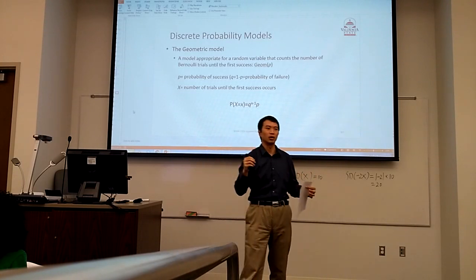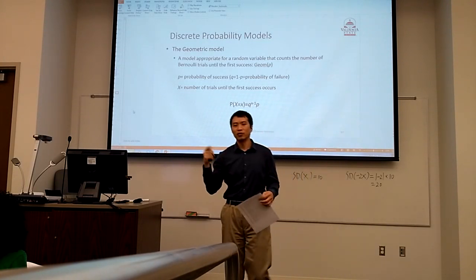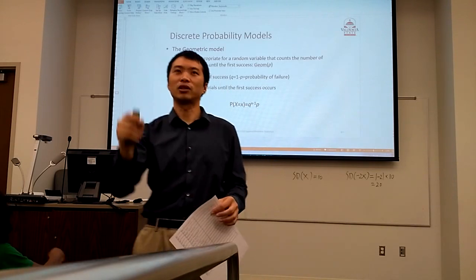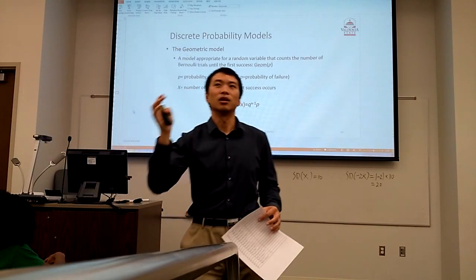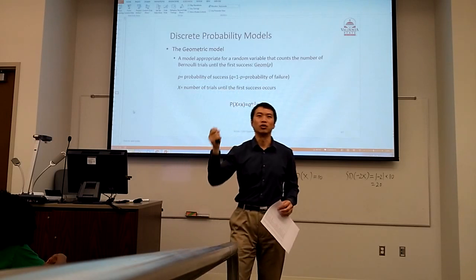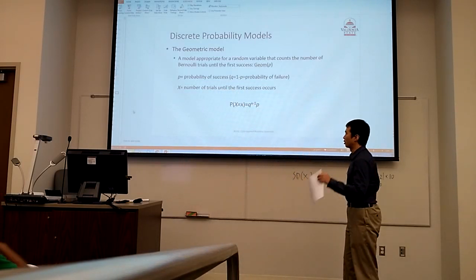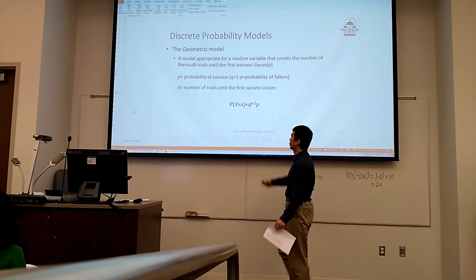If you are given a description and you see a keyword like first something, that is talking about the geometric model.